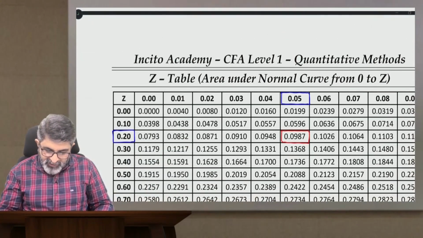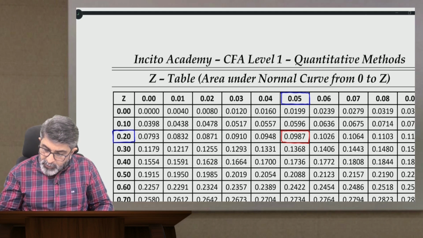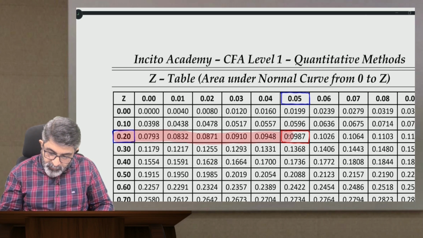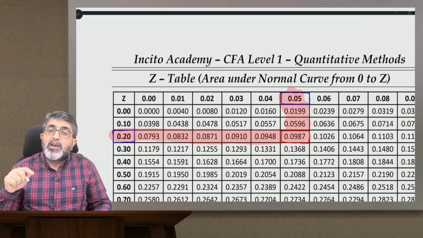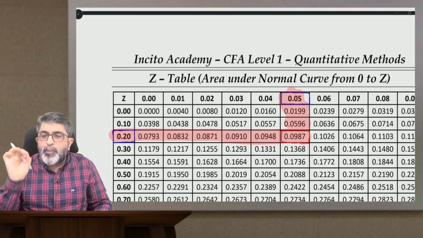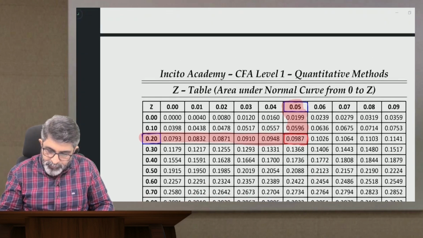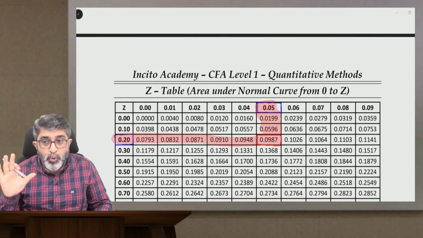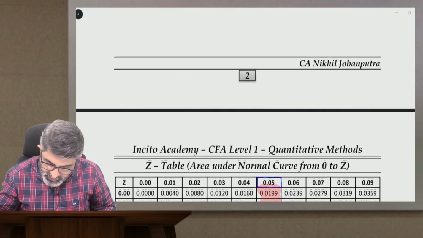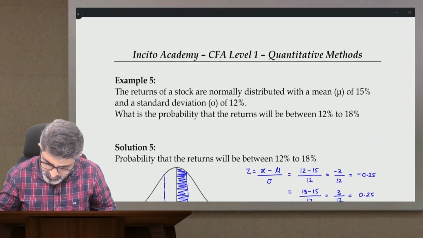So what is the area under normal curve from 0 to z, where z value is 0.25. Look at this intersection where z value is 0.25. The area under normal curve from 0 to z, that is from 0 to 0.25, is 0.0987. So I'm sure you have understood how to identify that area, 0.0987. Now let us get back to our solution.